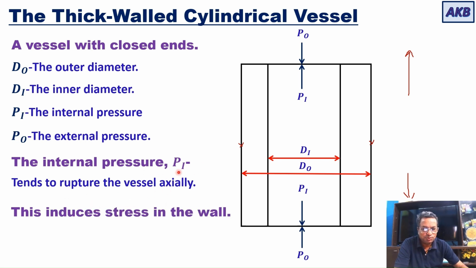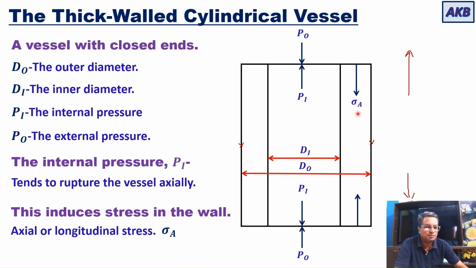And due to this, it induces stress in the wall, and that stress is the axial or longitudinal stress. And this axial or longitudinal stress, we are denoting it by sigma A. What does it do? It opposes the rupture of the vessel.